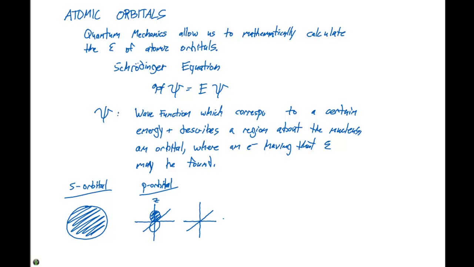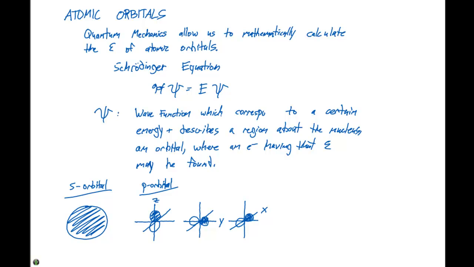If this is the y-axis right here, we have the py, and then the x-axis, or the px orbital, looks like this. All 3 of these are the exact same shape and the exact same size. They're just rotated 90 degrees in 3 dimensions.